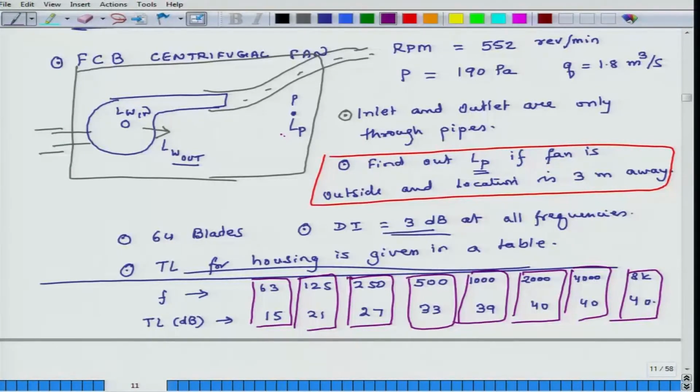For every frequency band, first we find LW in, then LW out, then LP, and then we will add up different values of LPs corresponding to different frequencies. That is how we are going to do it.